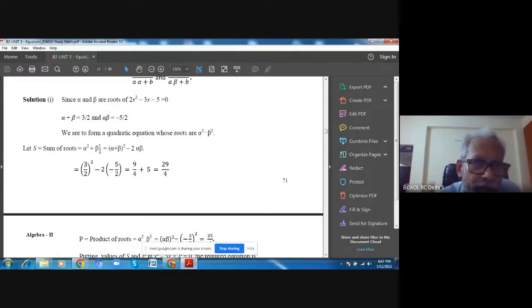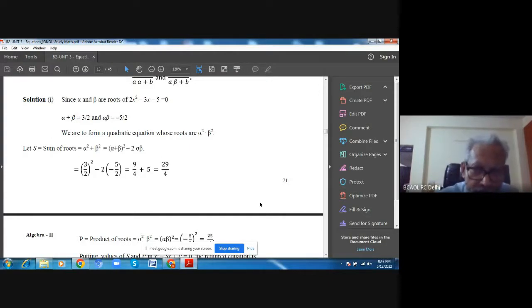So the sum of alpha square and beta square is equal to the formula. Now we have to find alpha square plus beta square. In this case, the sum is 3 by 2 and the multiplication is 5 by 2. So you can calculate in this way, no problem. The sum alpha plus beta is 3 by 2, put it here, minus 2 alpha beta, and finally it comes to this.